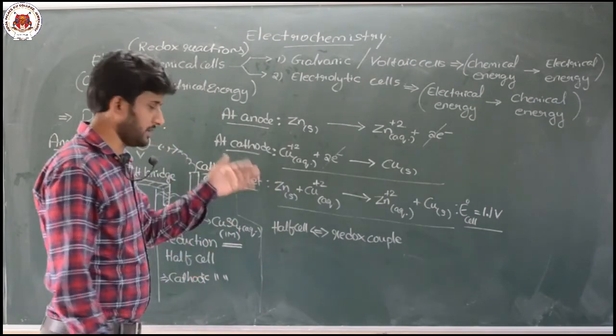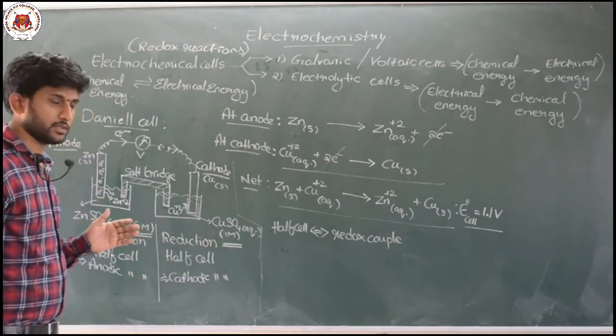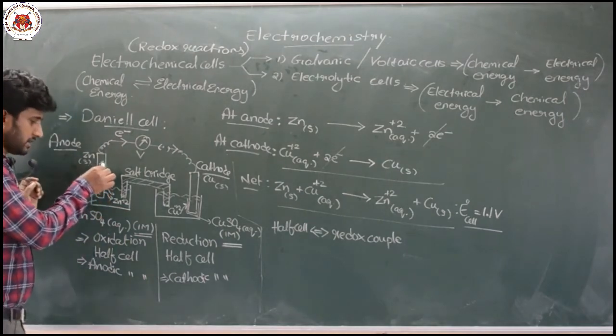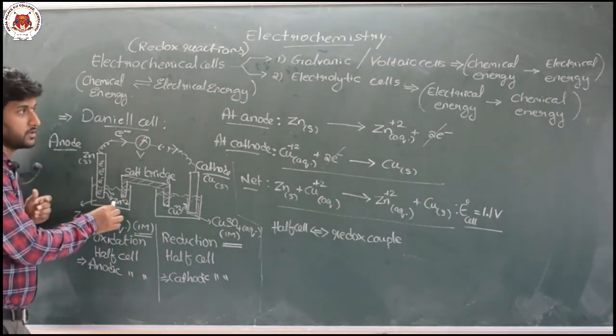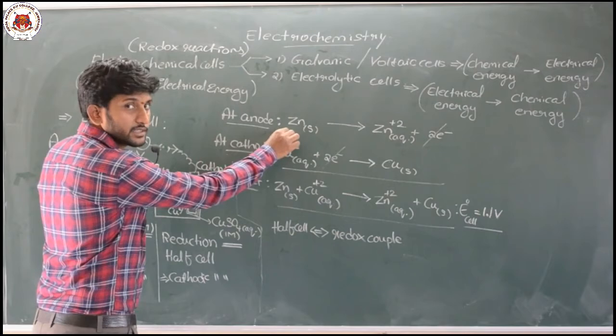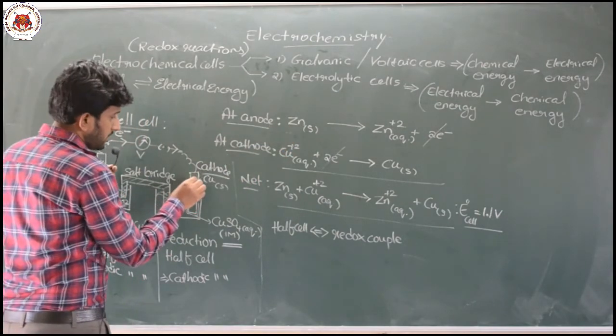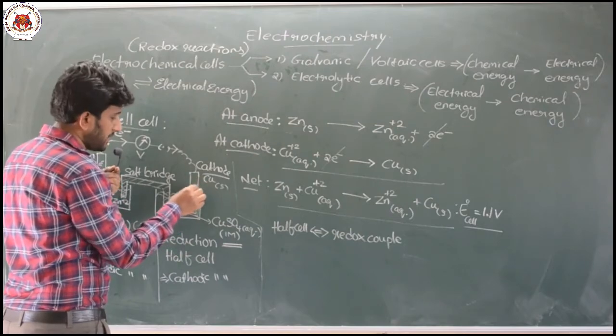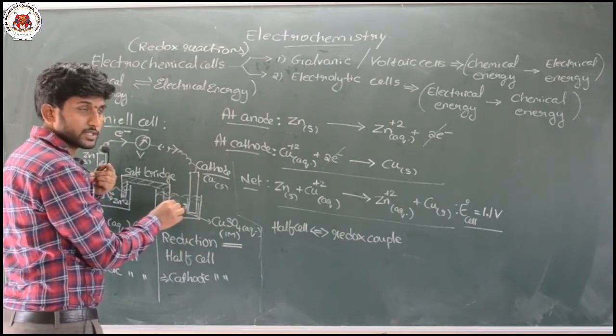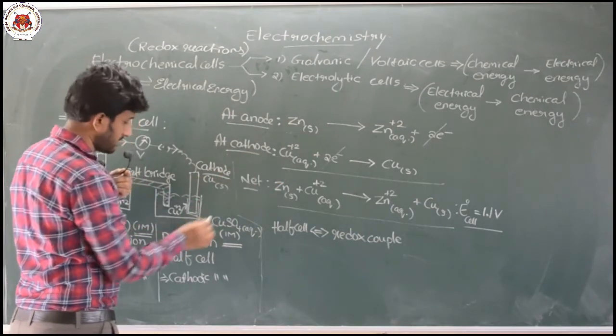So, why are we calling it a redox couple? Because when a zinc rod is in contact with zinc sulfate solution, which reaction is it undergoing? Oxidation, right? Similarly, when copper is in contact with copper sulfate solution, what is happening? Reduction, right?